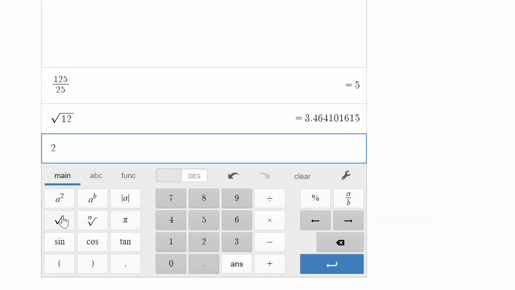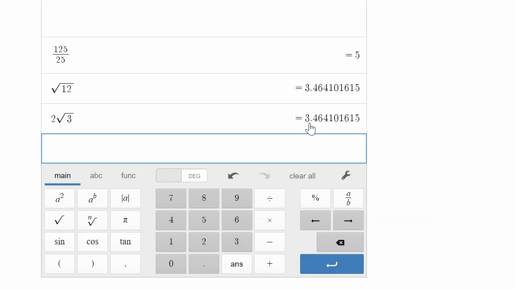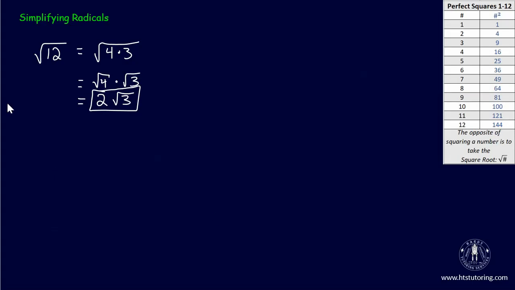So we have 2 square root 3, and indeed we do get the same answer, 3.4641 onwards. So we did simplify this correctly. We can always check to make sure we simplified it correctly by just plugging it back into our calculator and making sure they give us the same big long decimal. Okay? All right, let's try another example.